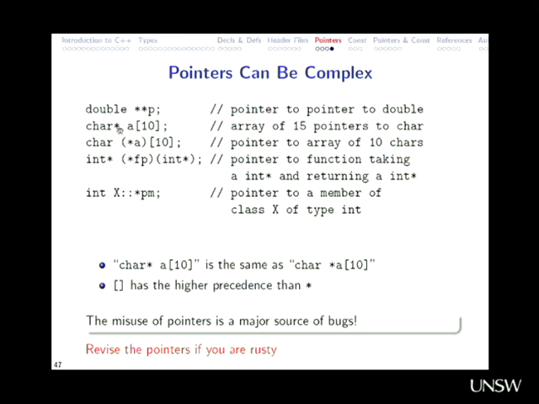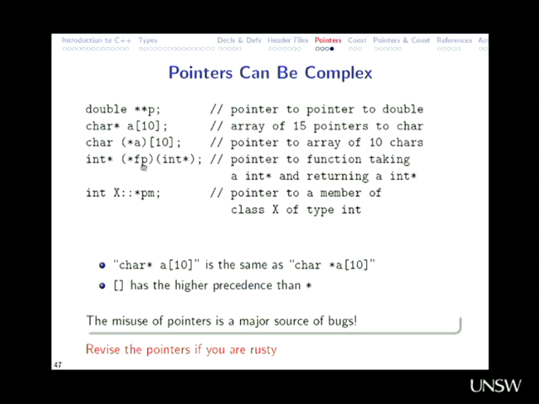Note very carefully the difference between these two things. So, let's start again. The top one is an array of pointers. The next one down is a pointer to an array. Can you see the difference just in the syntax?